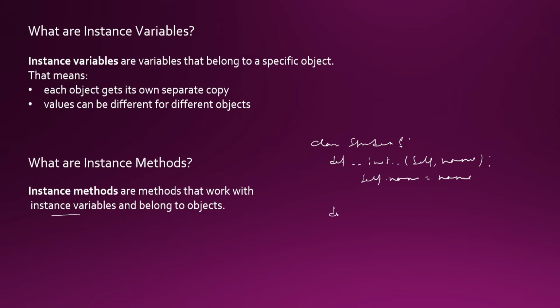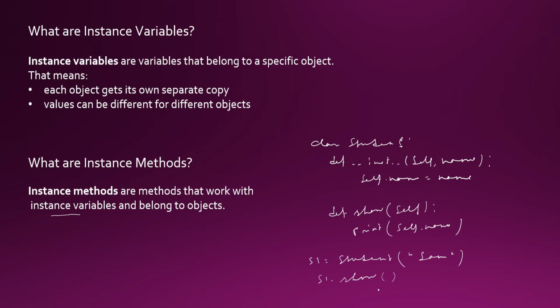So now I write one method, show, with self, and here I write print self.name. Now I'm creating my object s1, student, and here I'm passing my value, that is Sam. Now I'm calling my method s1.show. So it will give me the answer as Sam, right? I have already shown you this example in practical.